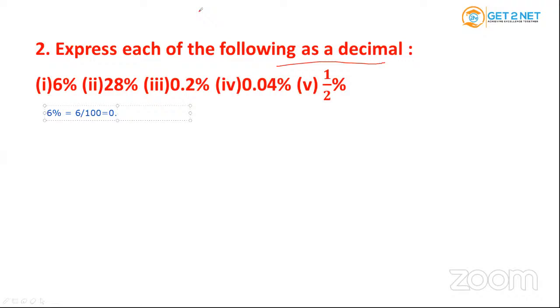How many zeros are there? 0.06. Yes, correct. Next, let's move to 28%. 28 divided by 100. Seema, what will be the decimal? 0.28. Decimal value will be 0.28.